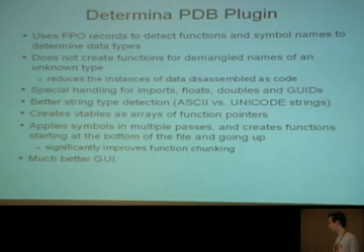I have special handling of V tables, and I also apply the symbols in multiple passes, which I'll go over on the next slide, which increases the accuracy of the analysis. And I also have a GUI, which the original plugin doesn't have.